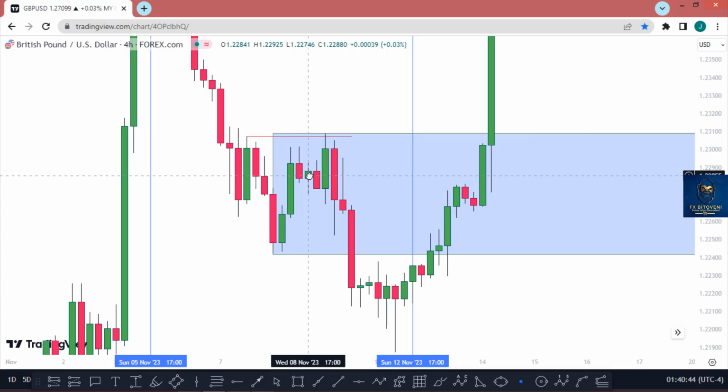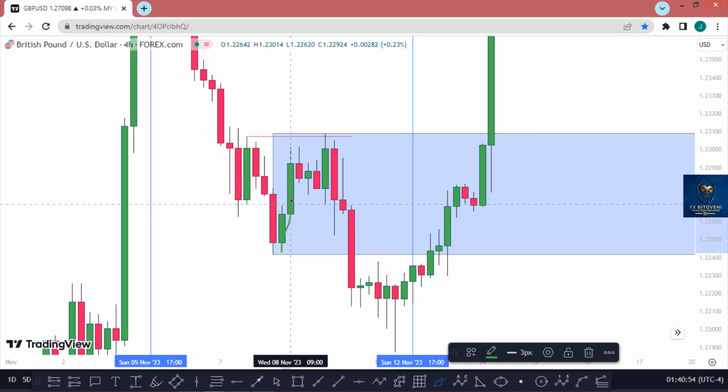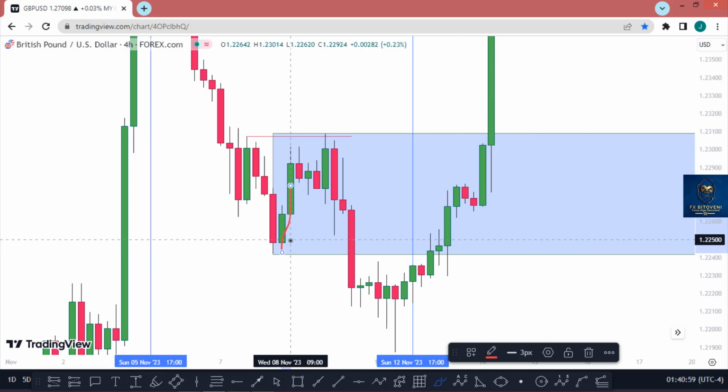Try to see how price went higher in this area, and then created another pullback, then went higher, making this another reaccumulation inside the redistribution.